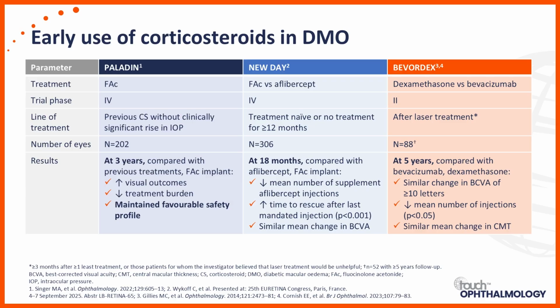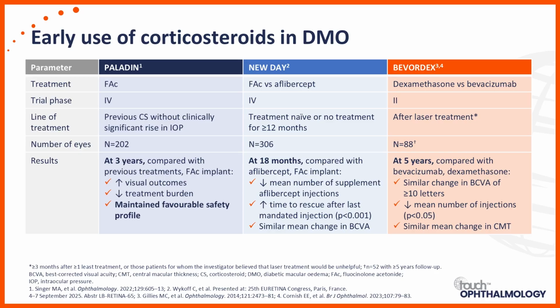We have other studies such as the Bevordex, which was a study where dexamethasone implant was used each 4 months versus bevacizumab every 4 weeks in center involving diabetic macular edema patients. And the study was able to show that the results were absolutely comparable.